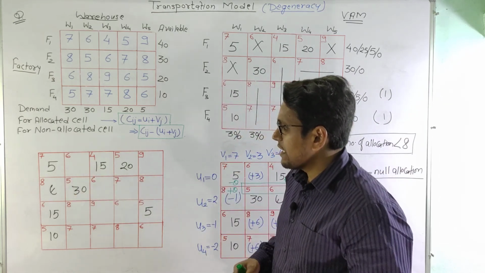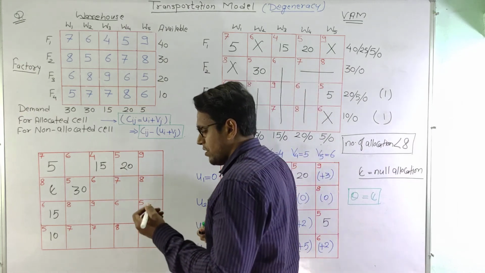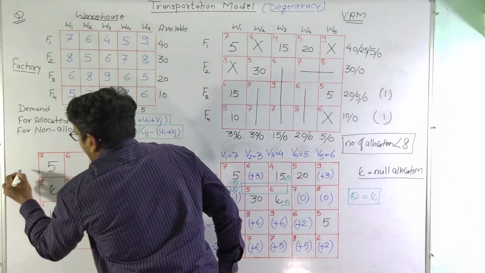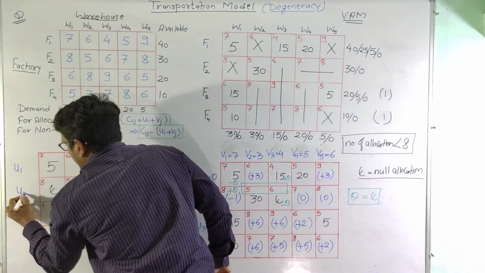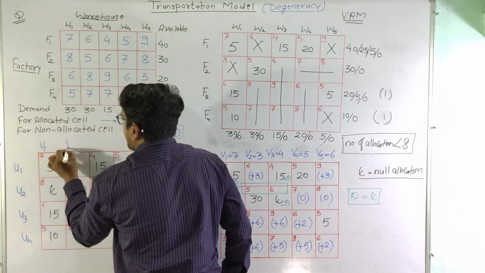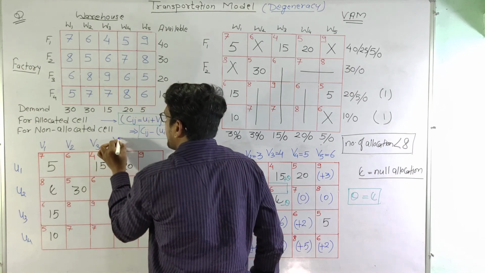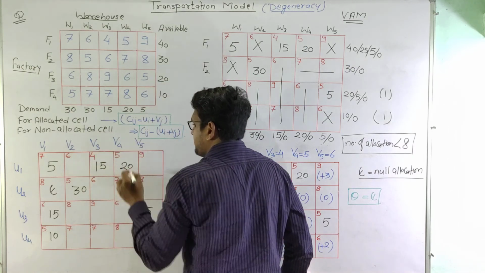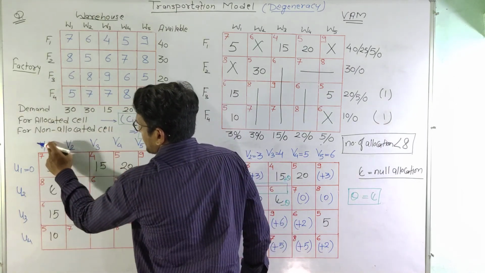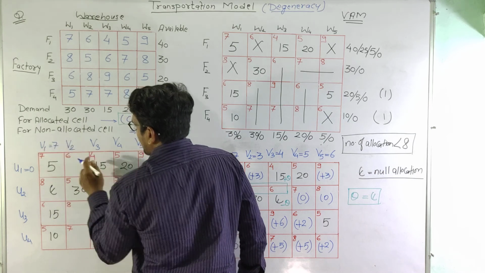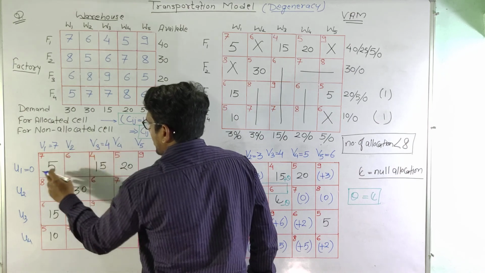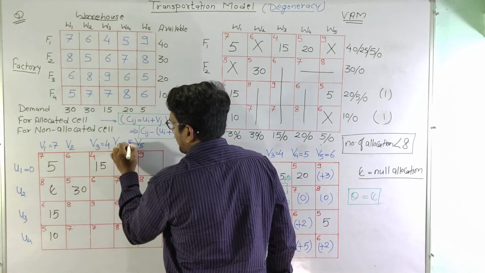So now let us again calculate the values for u's and v's. So we will have u1, u2, u3, u4, v1, v2, v3, v4, v5. So we'll take u1 equals 0. Now 0 plus what equals 7, so this will be 7. Similarly for this allocated cell, 0 plus what equals 4, this is 4. 0 plus what equals 5, this is 5.